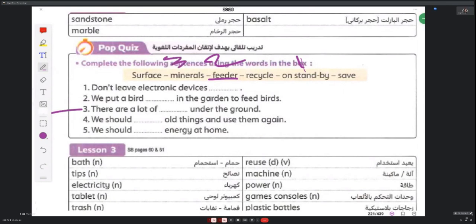Number four: we should recycle all things and use them again. Yes, number four. We should save energy at home. Great.